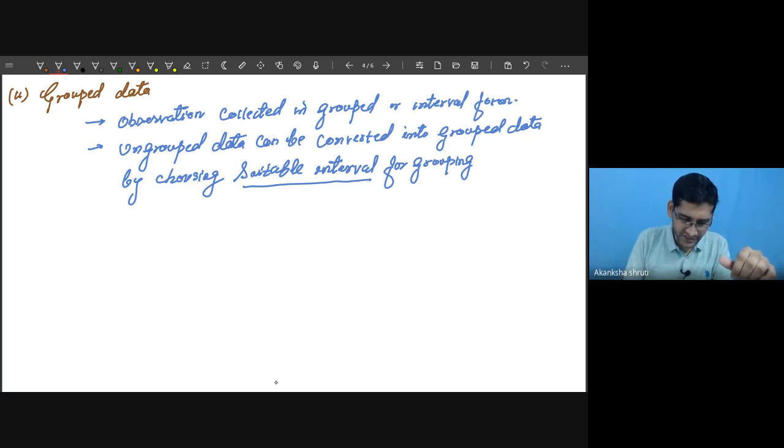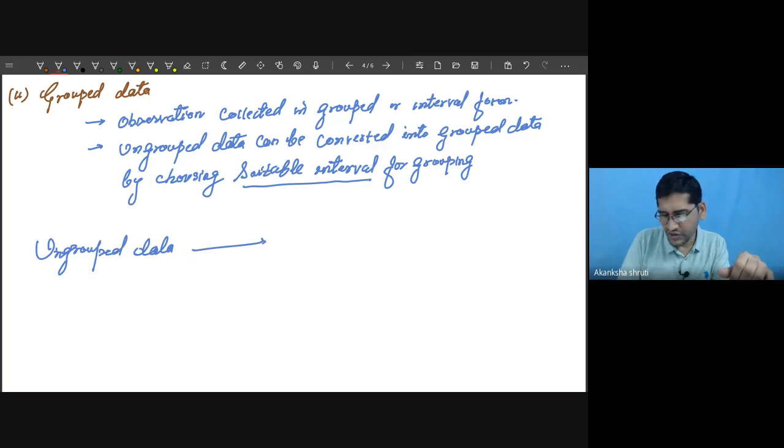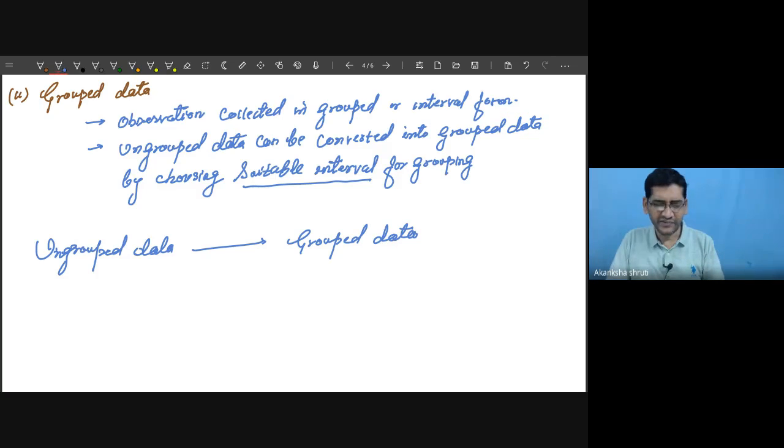Our interest here is, we are given ungrouped data and we want to convert it into the grouped data. Let us first understand this. Then for this group data, we will do all kinds of analysis.